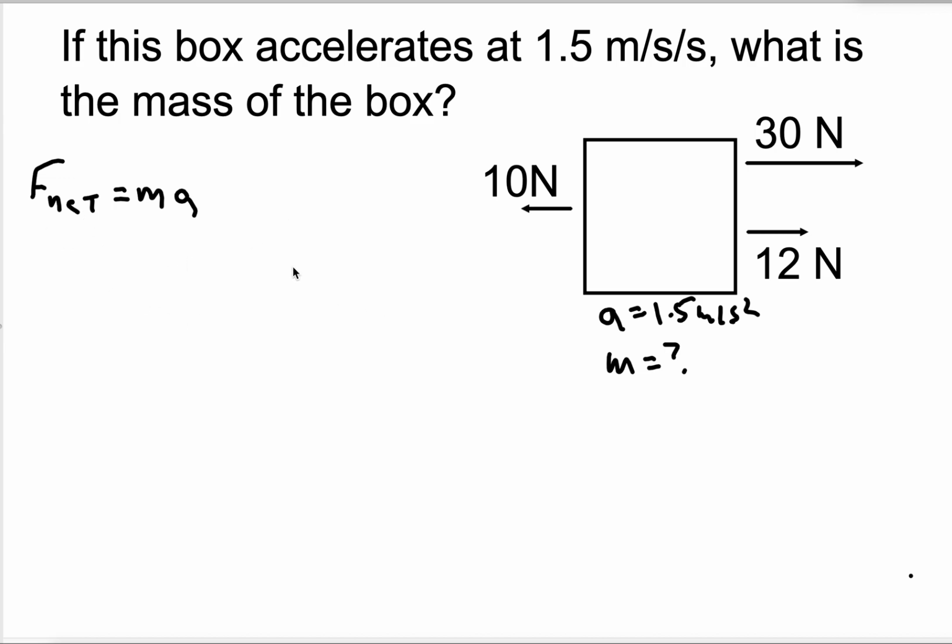Well, we just did this, right? We just said the net force is going to be all of the applied forces, I'm just going to call it FA, minus all of the opposing forces. Well, if I look at this box, someone just tell me again, which way will the box move? Will it move to the right or to the left?